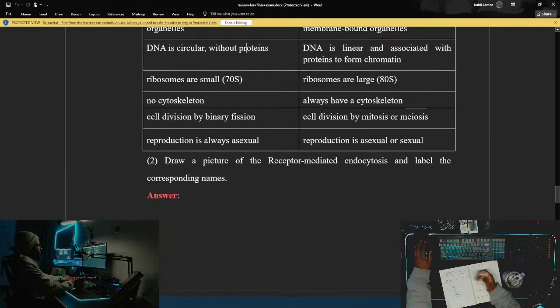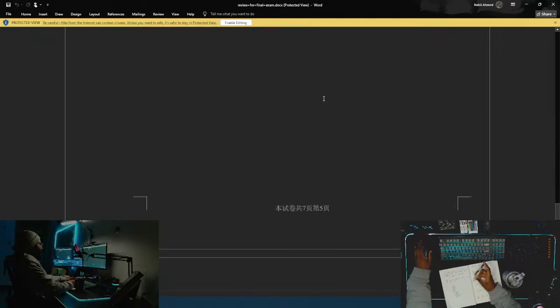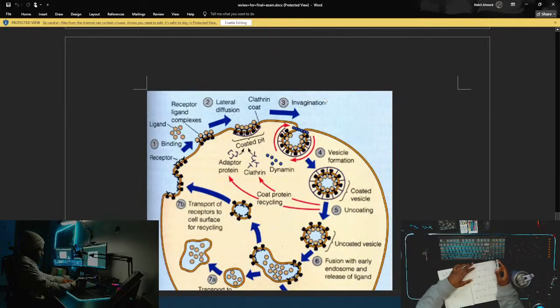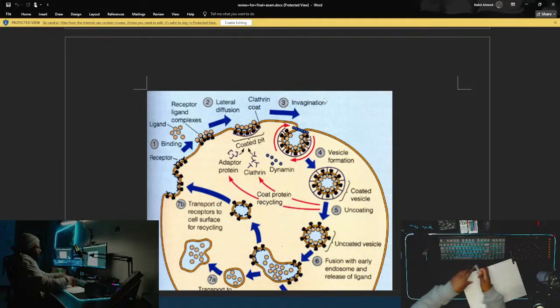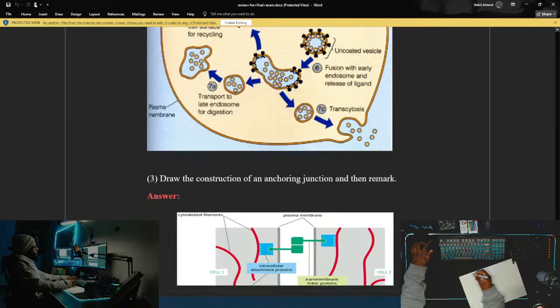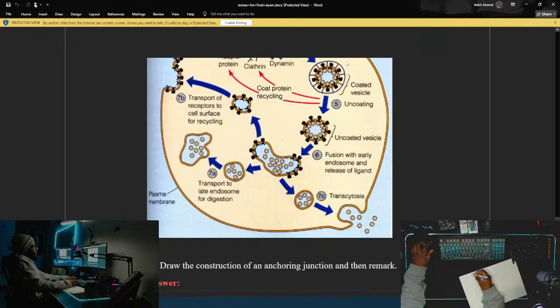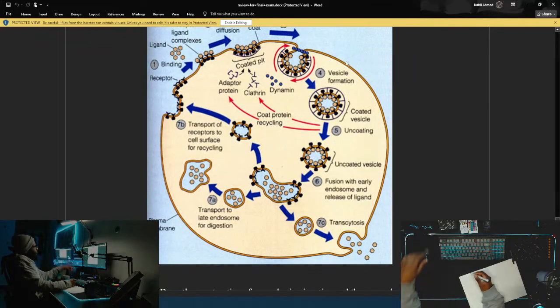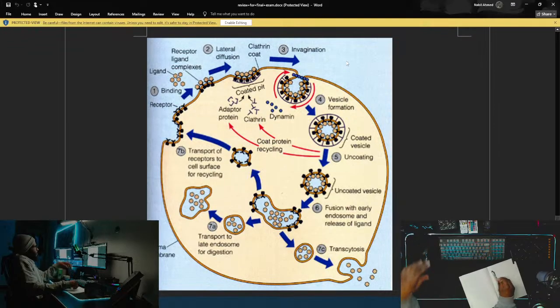Receptor-mediated endocytosis. So, the ligand binds to the receptor, and then lateral diffusion happens.